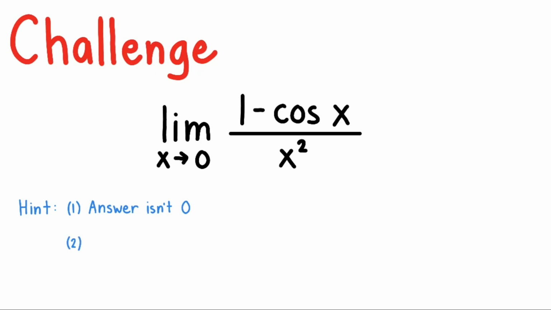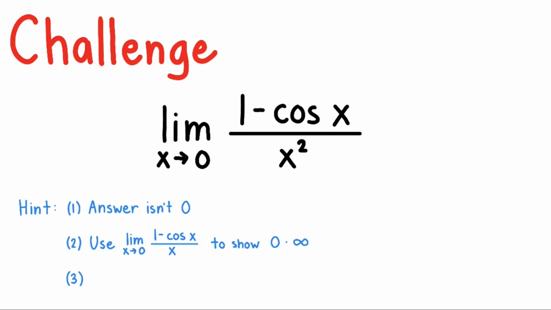And second, how do we solve this? Well, you can use the second special trig limit to show that this one out here is equal to 0 times infinity, which is an indeterminate. Or actually, you can just simply plug in 0 out here and you'll see that we'll have an indeterminate as well. I just wanted to emphasize that applying the second special trig limit out here wouldn't work.